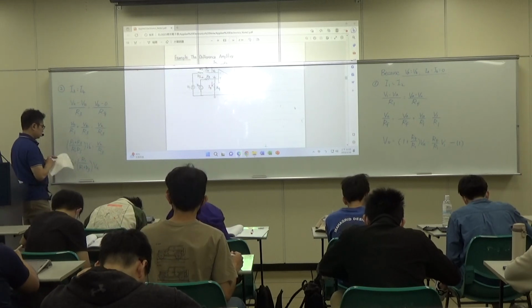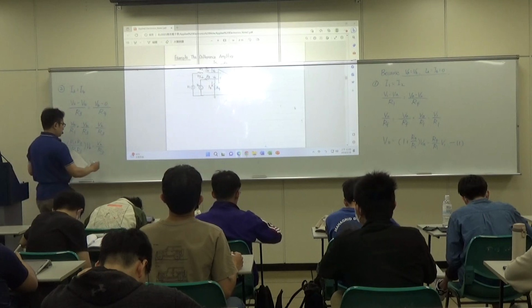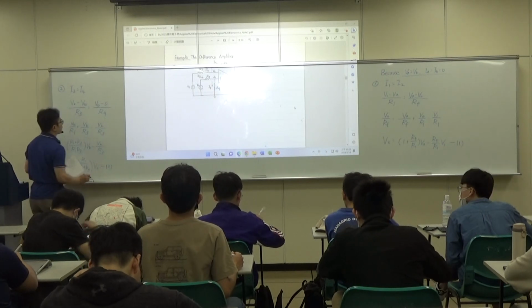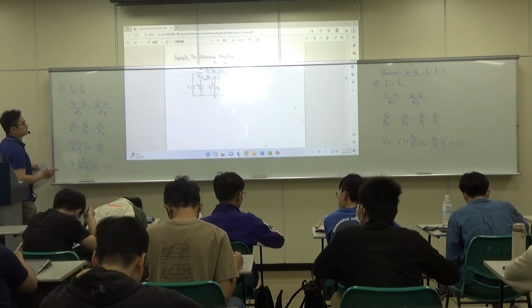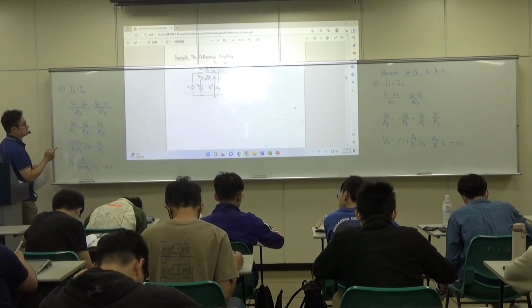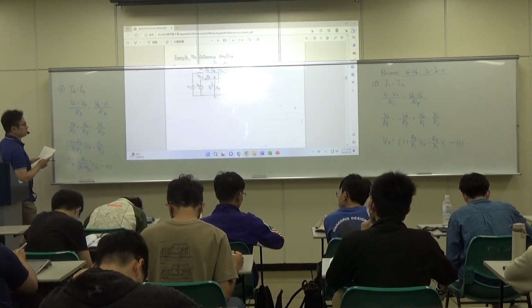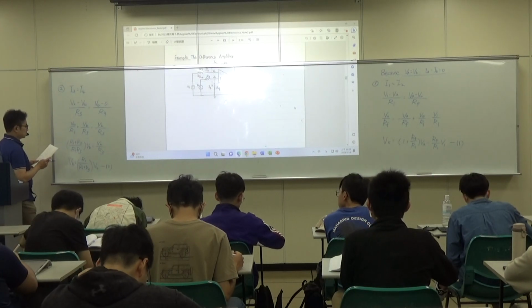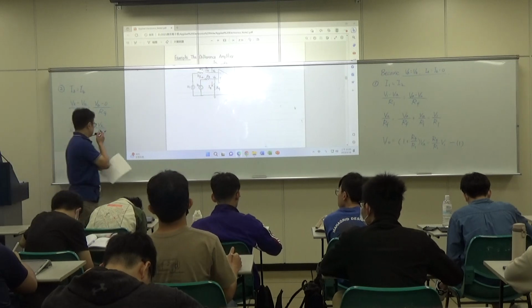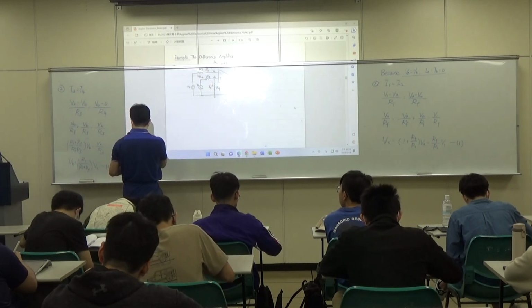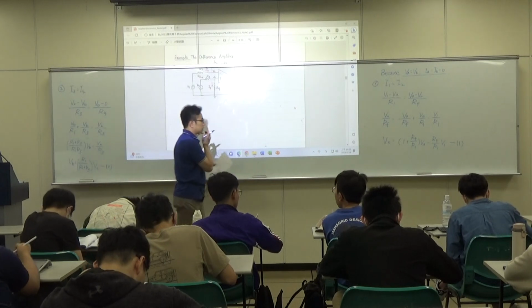So this is the second equation. By using KCL at A, we got the first equation; KCL at B, we got the second equation. The third equation is VA equals VB.